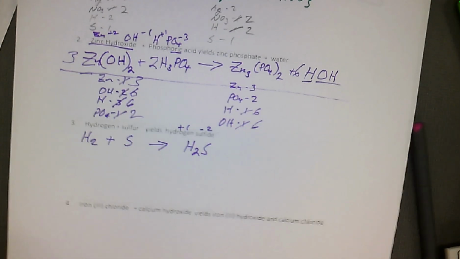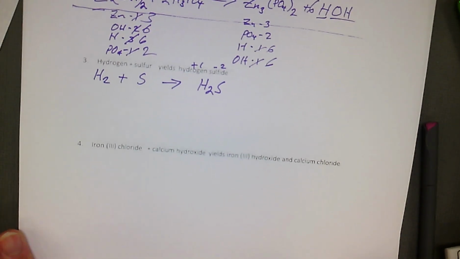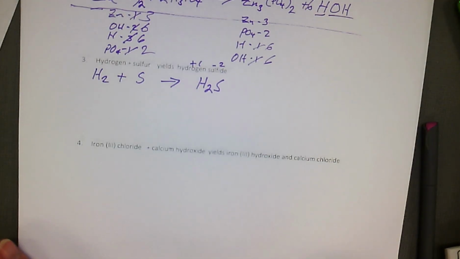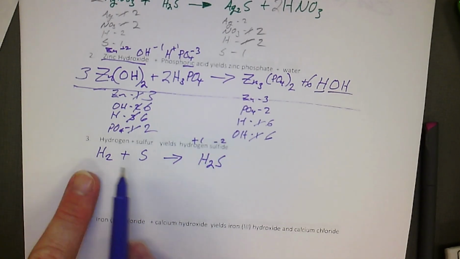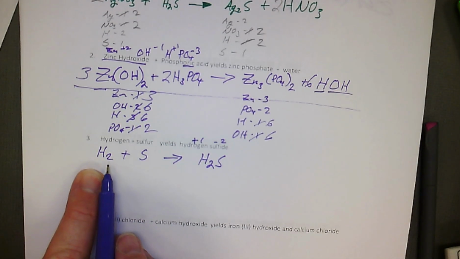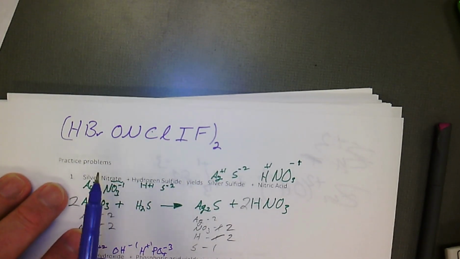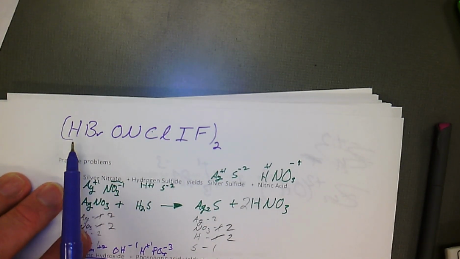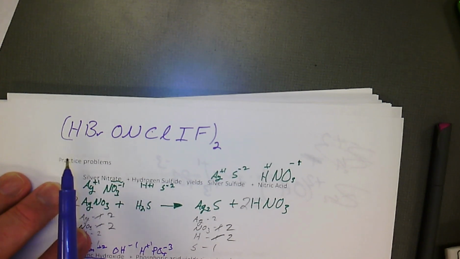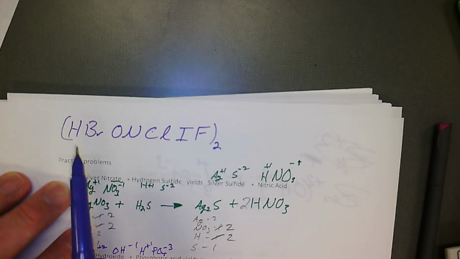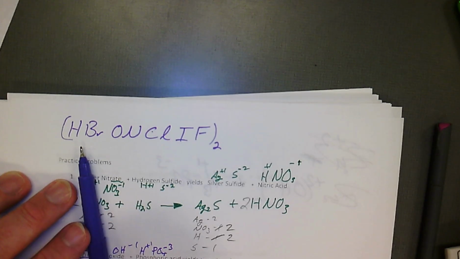All right. The next one's going to be another double displacement. Okay, that's what I was saying. These elements, and you should have this written on your periodic table. Just a second, let me finish explaining this and then I'll go back. All right.